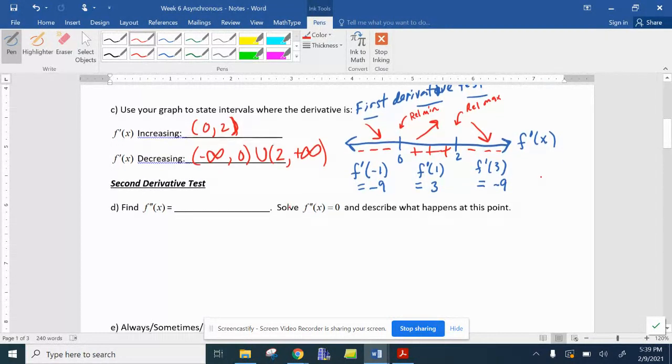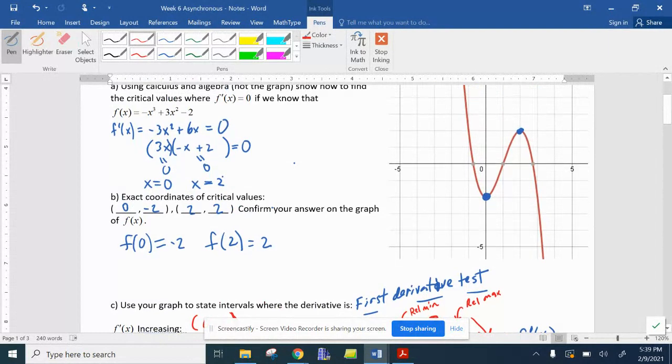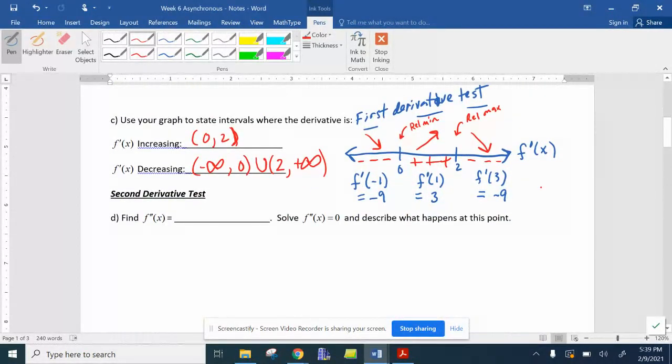For the second derivative test now, keeping in mind that the first derivative was minus 3x squared plus 6x. So I know that the first derivative is equal to minus 3x squared plus 6x. So the second derivative will be, using the power rule once again on the first derivative, minus 6x plus 6.